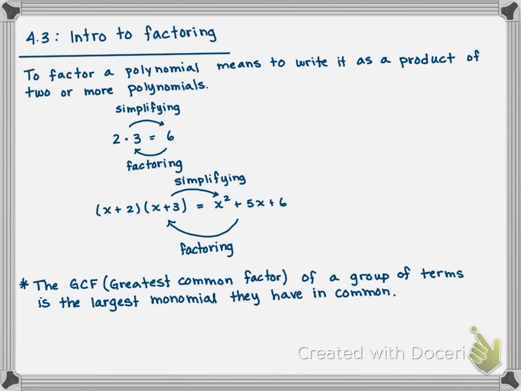So when we say largest, we mean that it has the largest coefficient. What's the coefficient of a term or a monomial? X squared. So the coefficient is the number part. So the numerical factor.